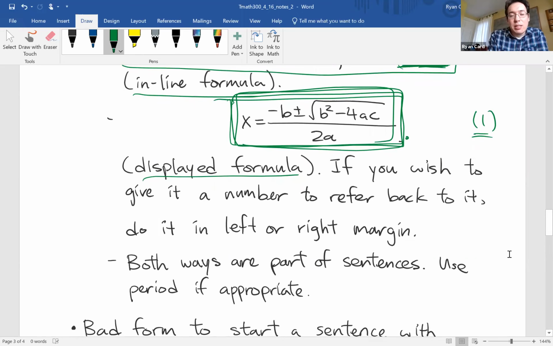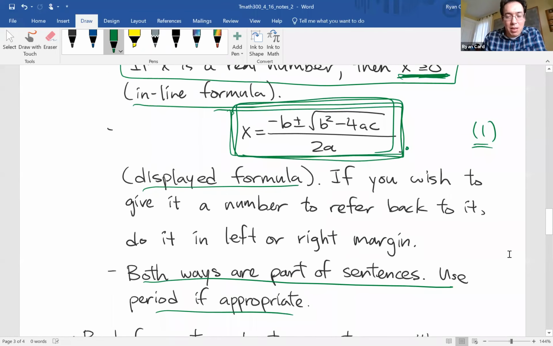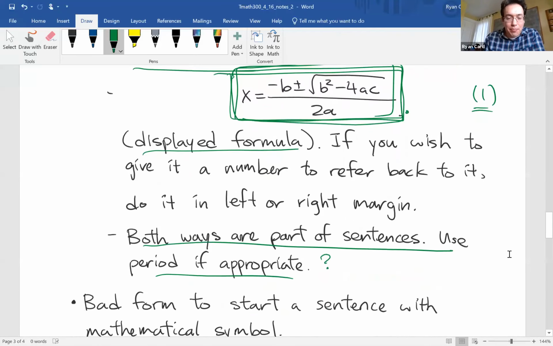Although I should say this is how I was personally taught, but I have seen textbooks that break this rule, so maybe I shouldn't be so harsh. I guess there are conflicting philosophies on how to write this. So maybe I'll put a question mark here. Okay.